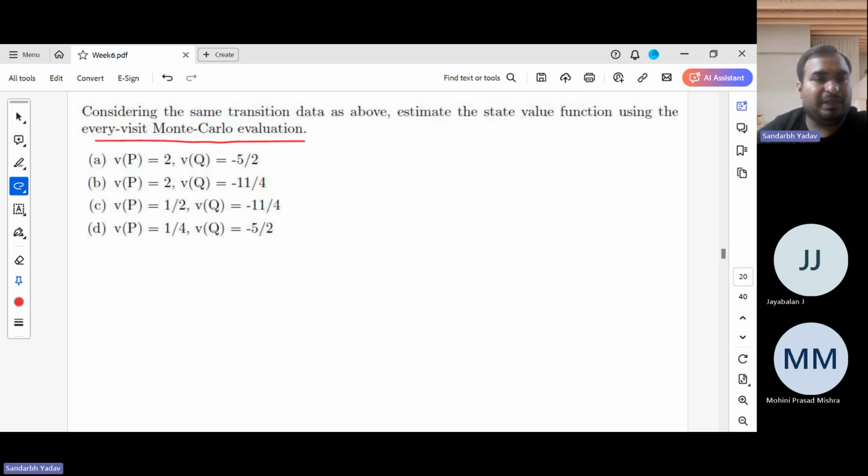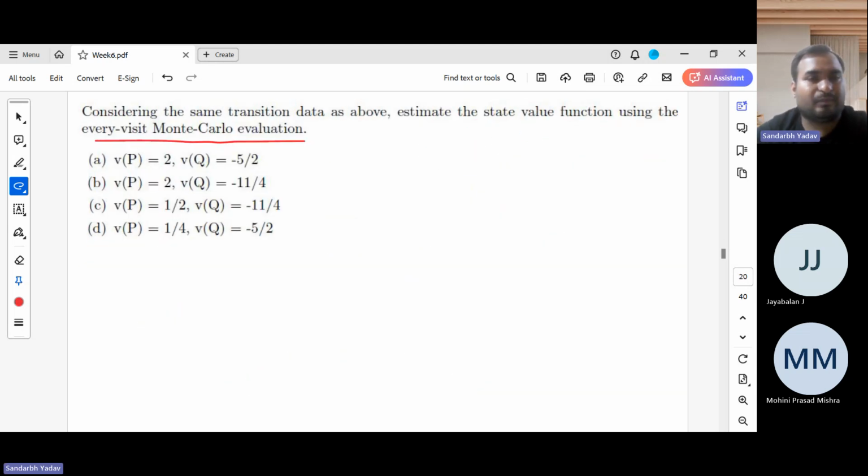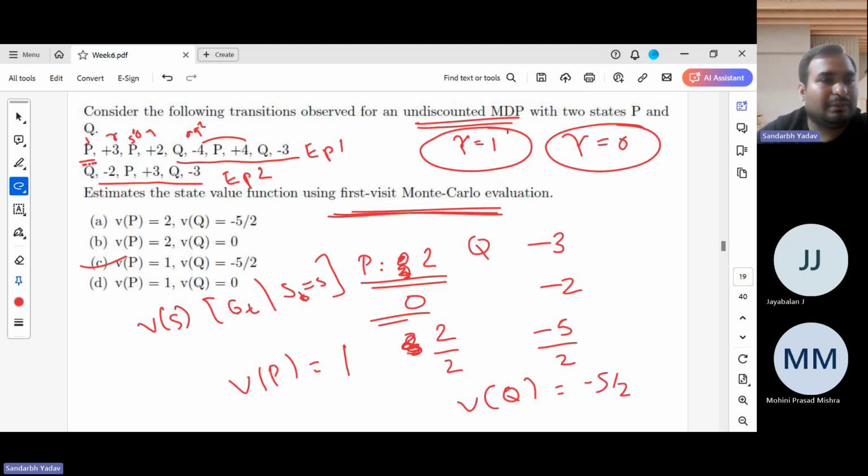So let's do P first. Maybe I'll write this data here again, or maybe I'll refer to it. So first P, we are doing episode 1. The first visit value we have already calculated, right? For P, what was it? 2.